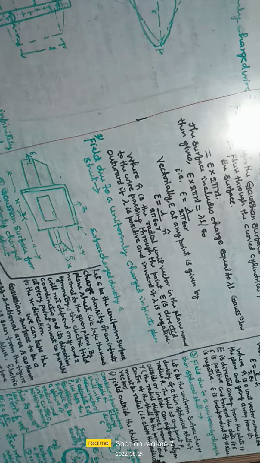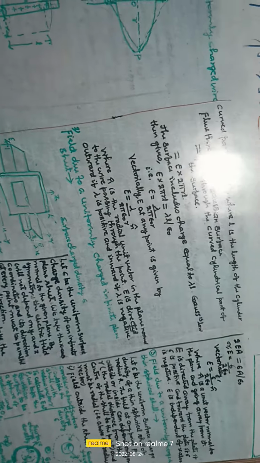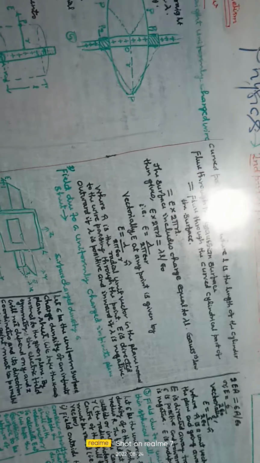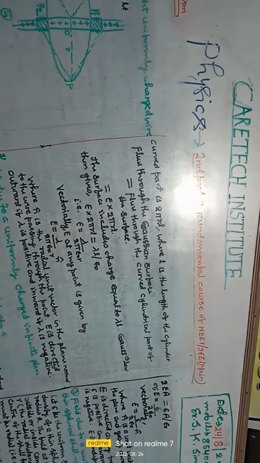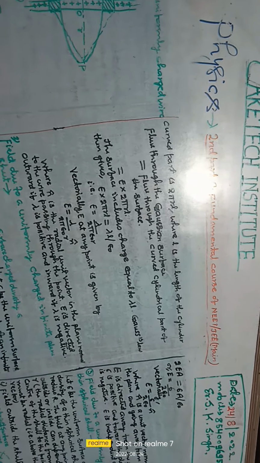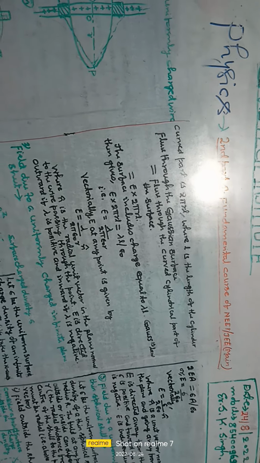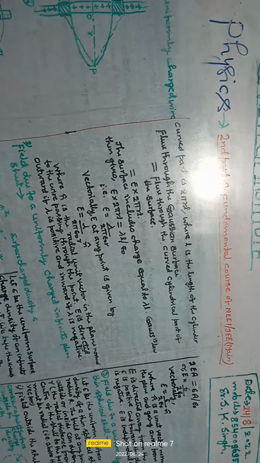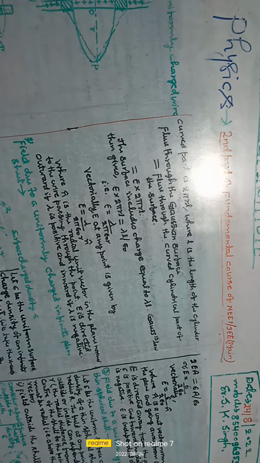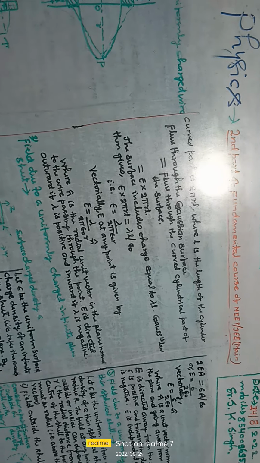The surface area of the curved part is 2 pi rL, where L is the length of the cylinder. Flux through the Gaussian surface is equal to flux through the curved cylindrical part of the surface, equal to E times 2 pi rL.